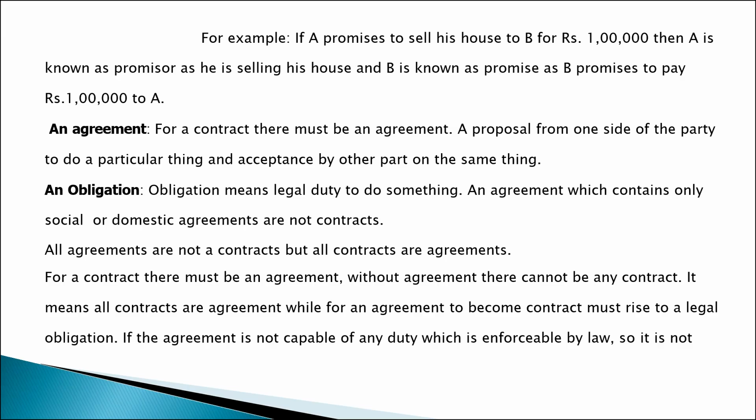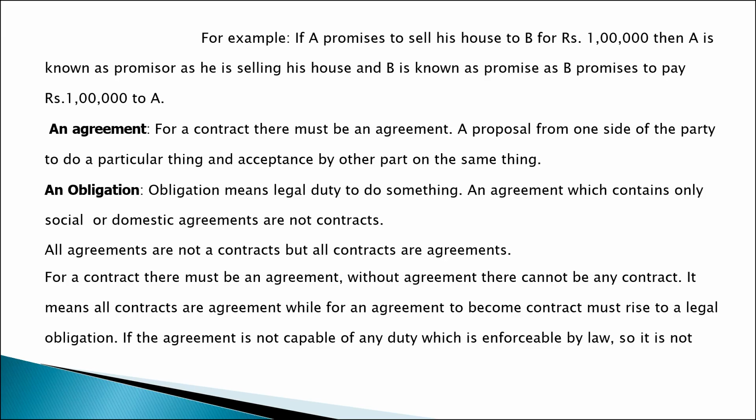For example, if A promises to sell his house to B for 1 lakh rupees, then A is known as the promisor as he is selling his house, and B is known as the promisee as B promises to pay 1 lakh rupees to A.